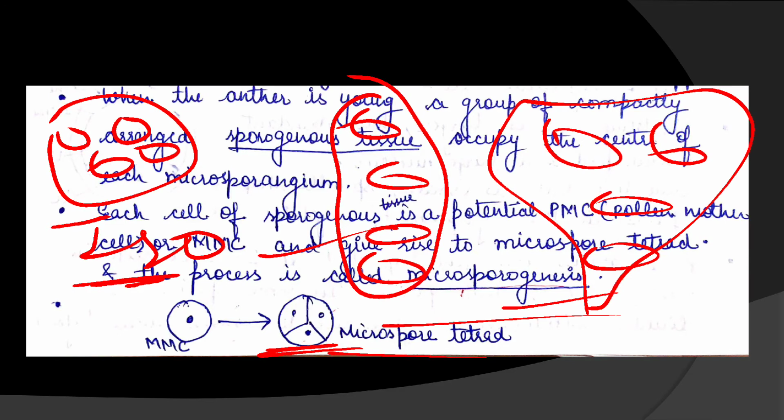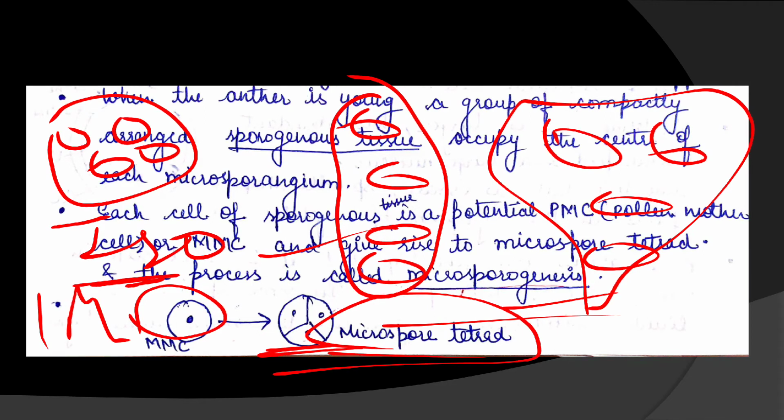So what is microsporogenesis? It is nothing but the formation of microspore tetrad from microspore mother cell. Very important here: one microspore mother cell will form how many microspores? It forms four.